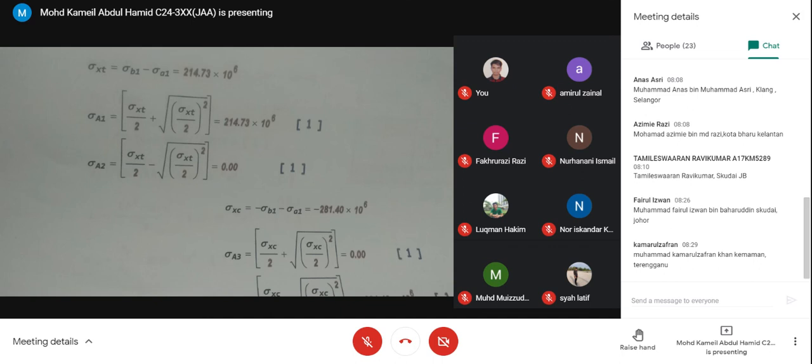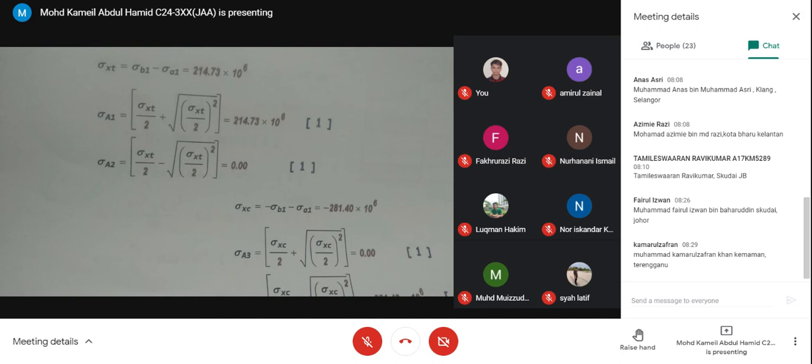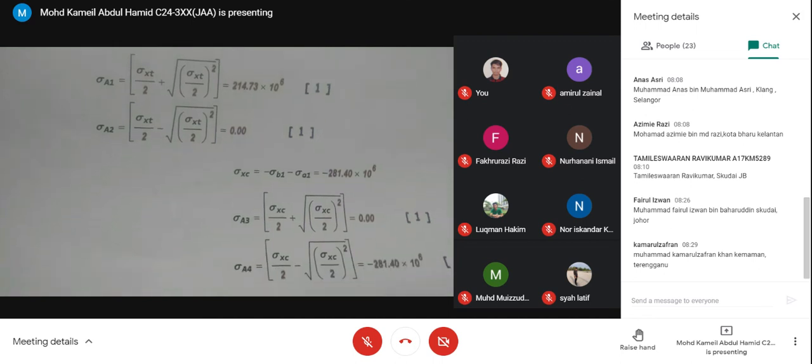Remember, bending actually has two: one goes to the positive part, one to the negative, but the value is the same. So we take minus B1 minus A1 now. So what do we get? Minus 248 minus 33 gives minus 281.4. Then we get the principal stresses: sigma A3 is 0, and sigma A4 is minus 281.4.